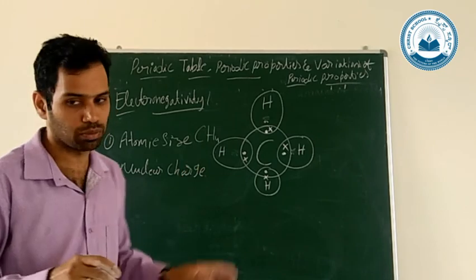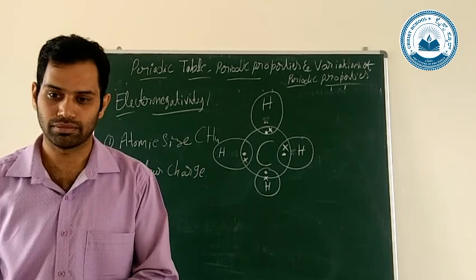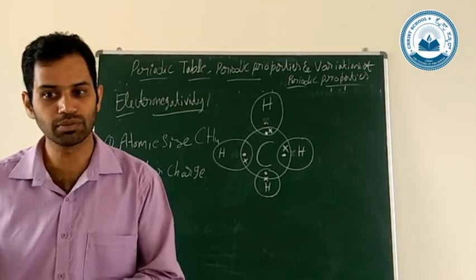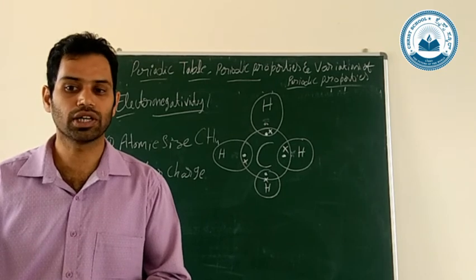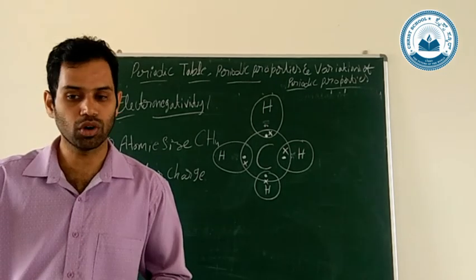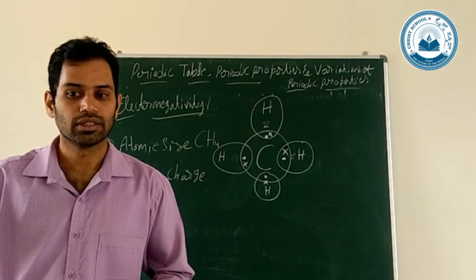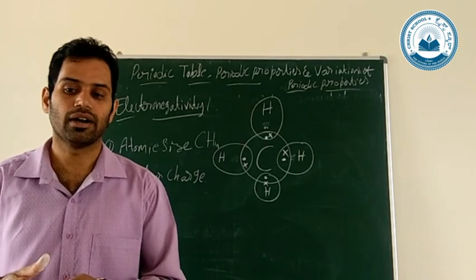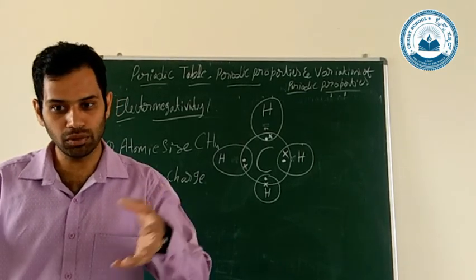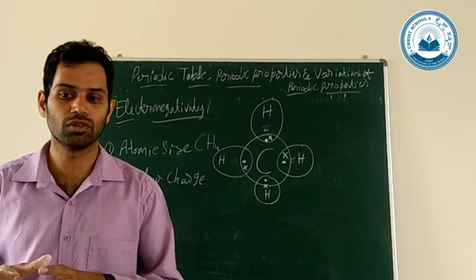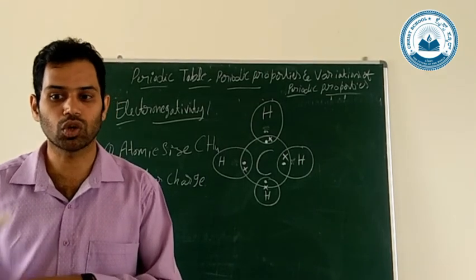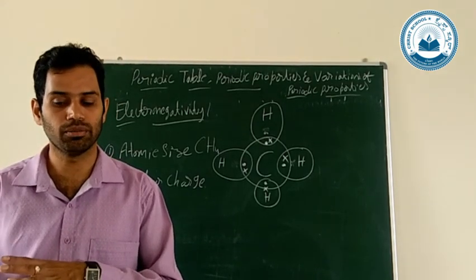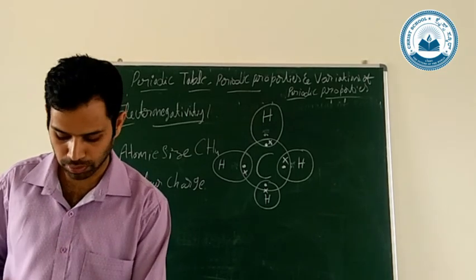Clear? Electronegativity more means the number of shells decreases and the nuclear pull increases. At that time the electronegativity increases.